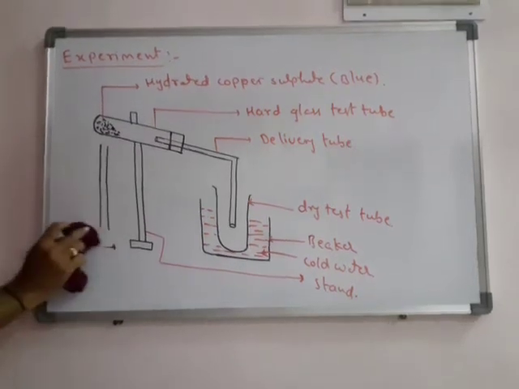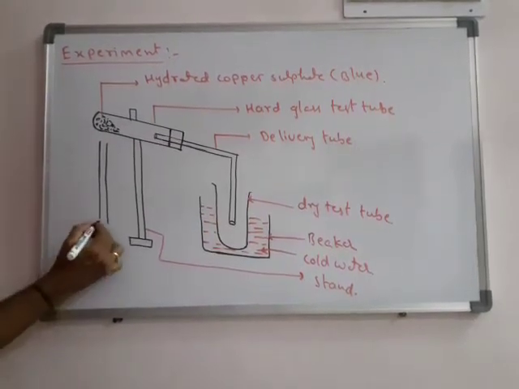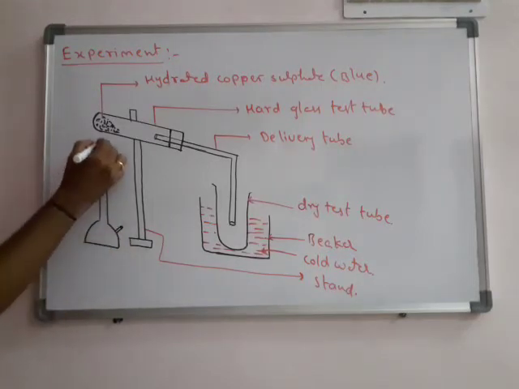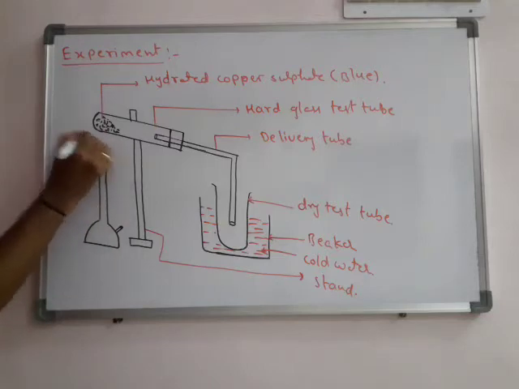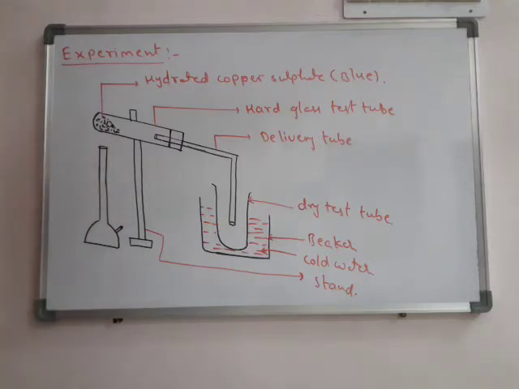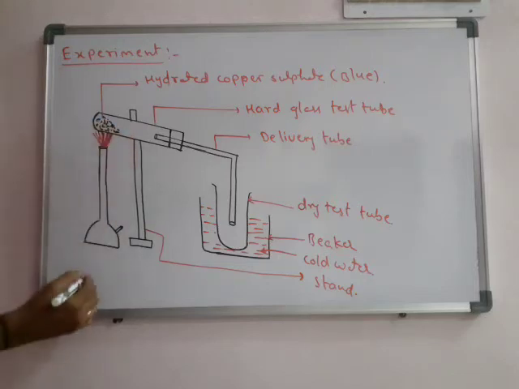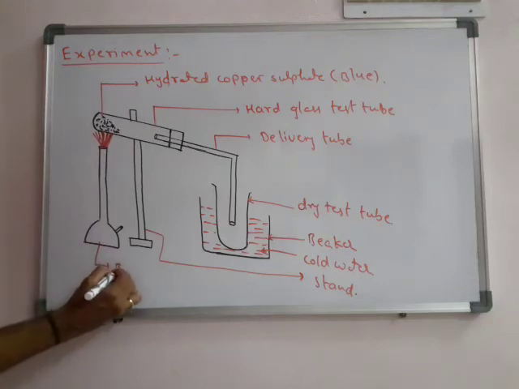With the help of a Bunsen burner, we heat that test tube. This is the Bunsen burner, and with its help we heat this copper sulfate. Then we slowly heat this hydrated copper sulfate.